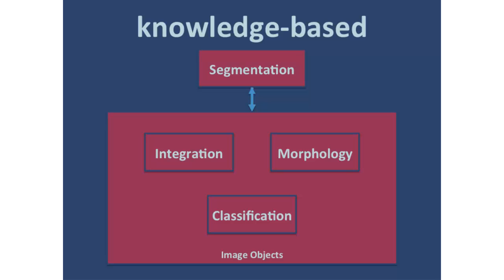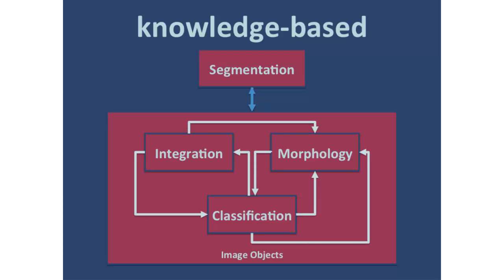We can manipulate those objects so that they better reflect those real-world features. And an important aspect of this is that it's iterative. So we're building up information as we classify features. So we might start out by identifying trees and then move on to other features. And then by identifying those features, we can then build in context.